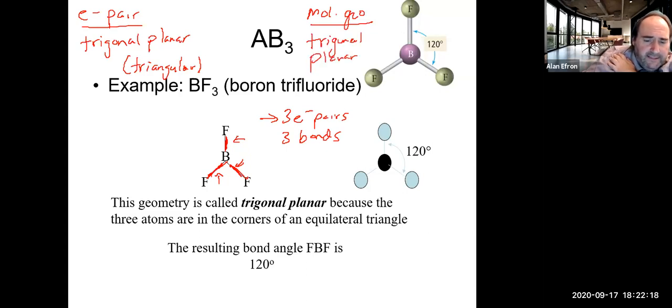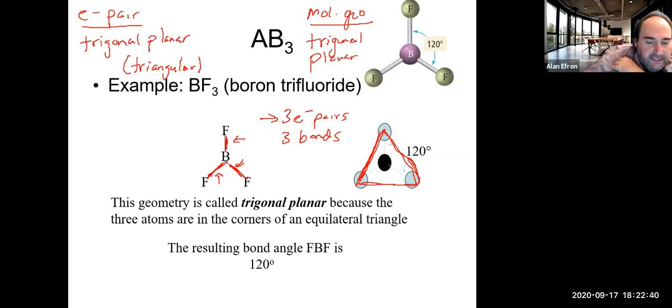And that is because it makes a 120 degree bond angle. It makes a nice, pretty, badly drawn triangle there, as I make it even worse by going over it a few times. But it makes an equal triangle there, if I could draw straight. We got a nice little triangle happening there, 120 degrees apart from each other.